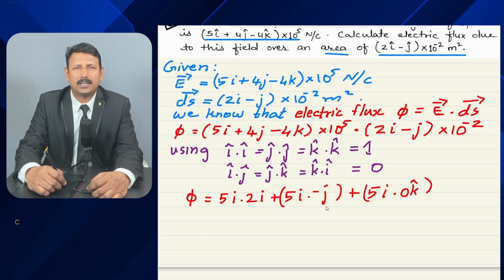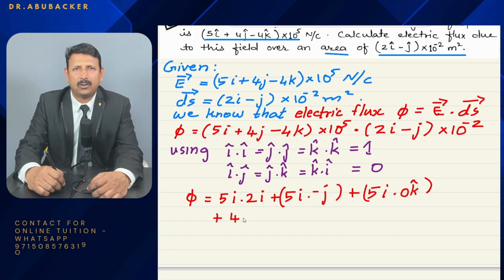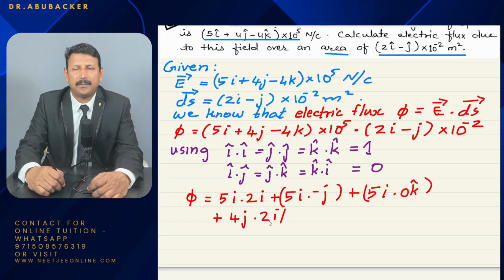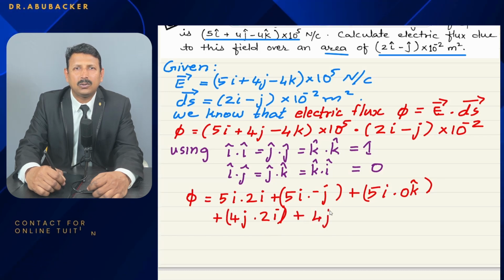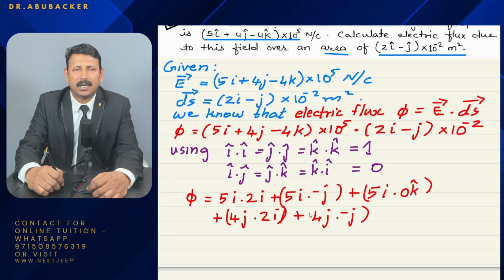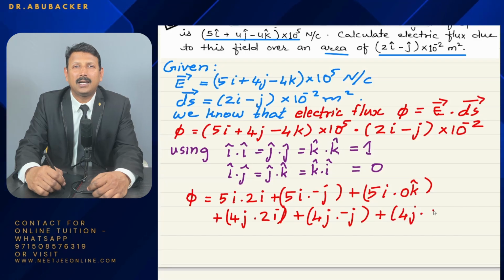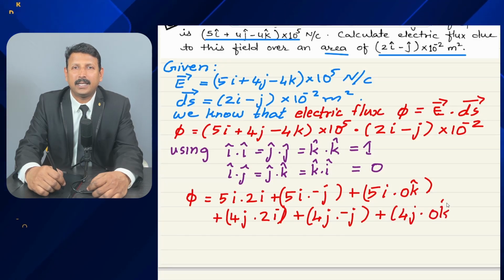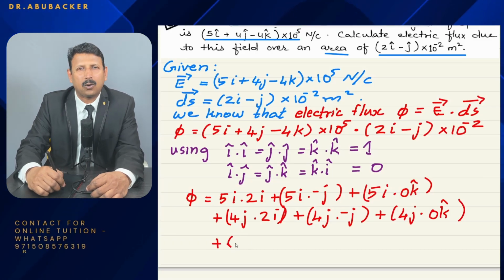First term of E, that is 5i dot first term of ds, 2i, plus 5i dot minus j, the second term of ds. Then the first term of E into the third part, the k component of ds. Remember, there is no third component given in this question, so as a dummy I applied 0k.